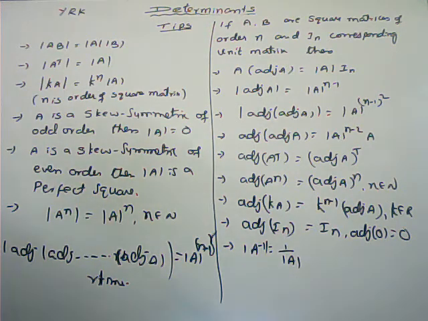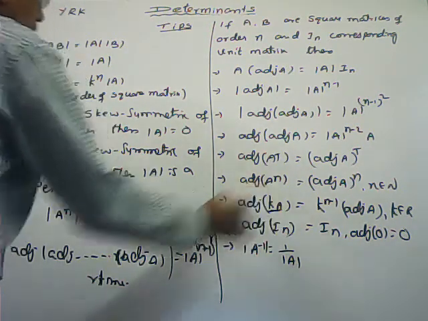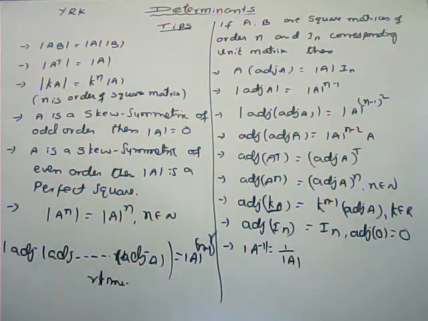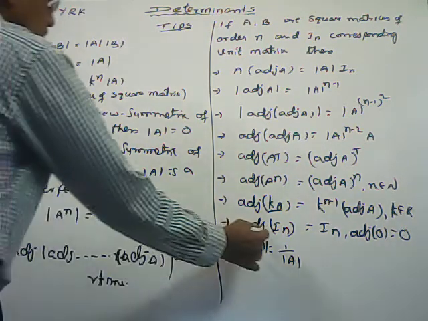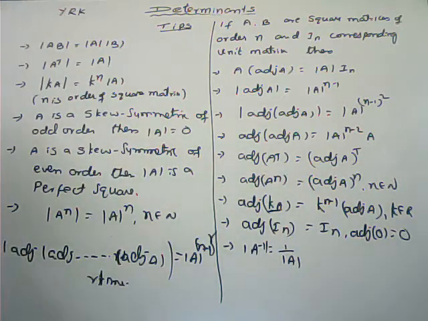Adjoint of K, a real value, is equal to K power n minus 1 into adjoint of A. Adjoint of In, the adjoint of a unit matrix, we get a unit matrix only, and adjoint of 0 matrix is equal to 0 matrix, and det of A inverse equals 1 by det A, if A is a non-singular matrix.